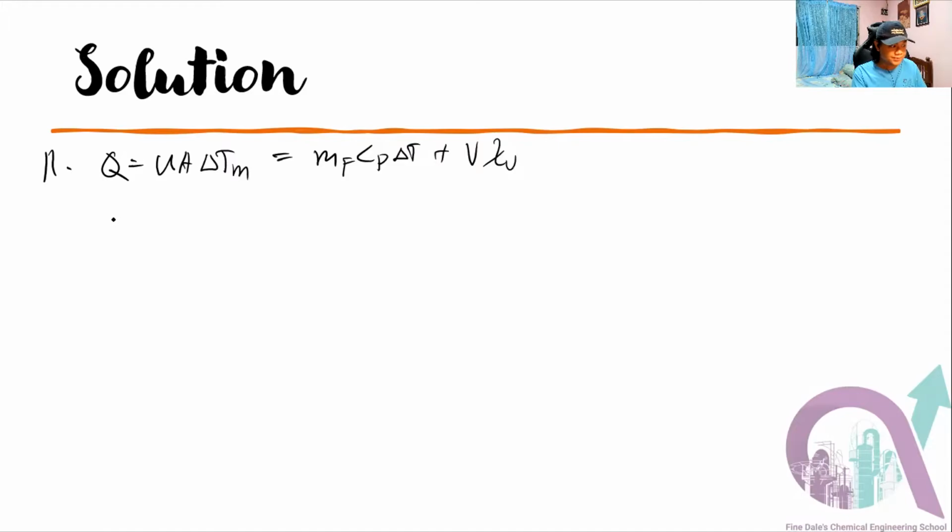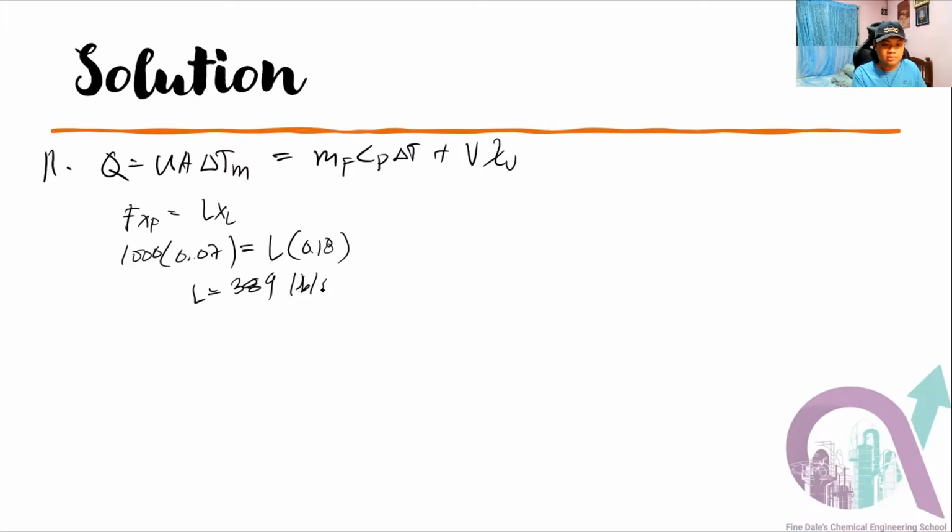F XF equal to L XL. So we have 1000 here, 0.07, and then we have L, 0.18. You will get L to be 389 pounds per hour. So meaning V is equal to 611 pounds per hour.